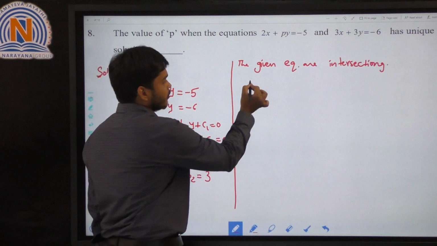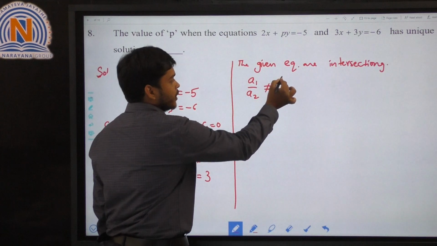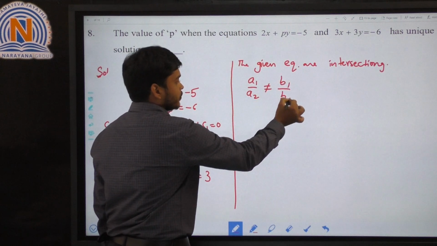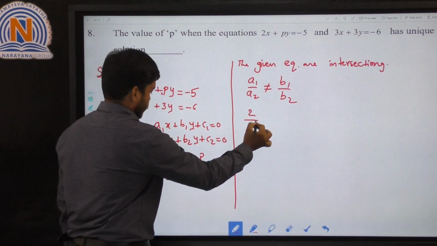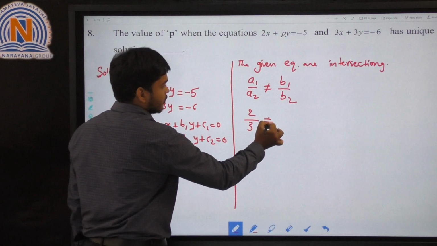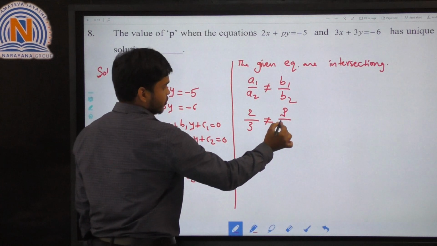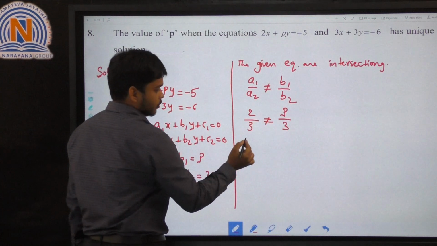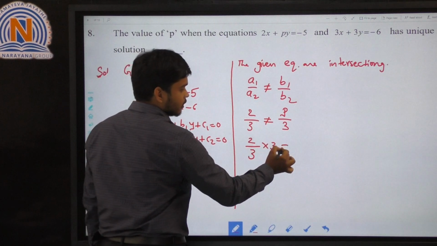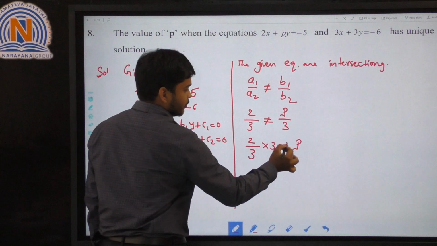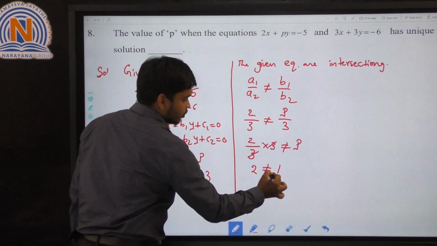Intersecting lines, a1 by a2 not equals to b1 by b2. Substitute in that formula, then a1 is 2 by 3, which is not equals to b1 is p and b2 is 3. Send 3 to left hand side, then 2 by 3 times 3 is not equals to p. 3 gets cancelled, then 2 is not equals to p.